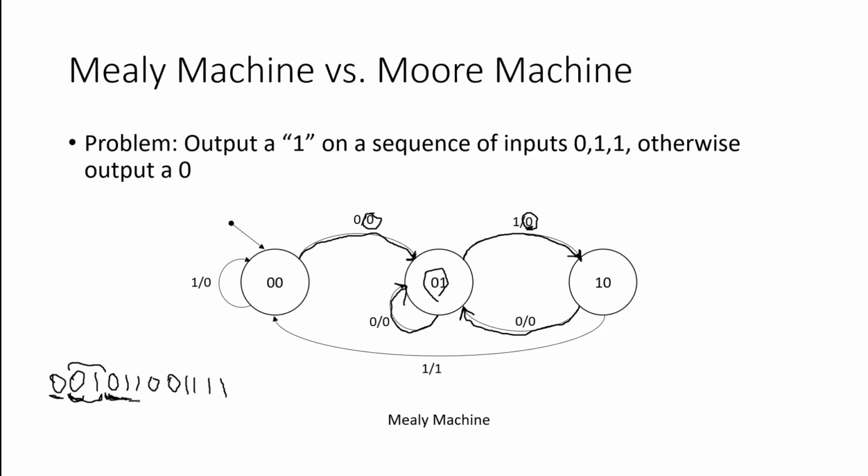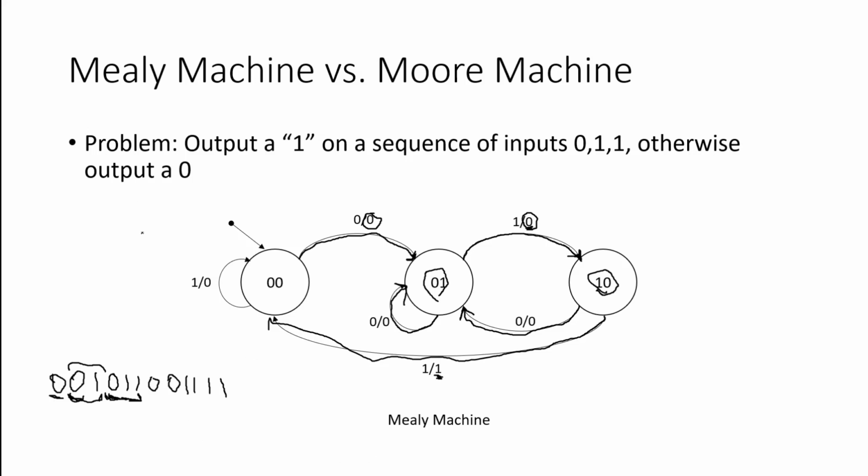And then when I receive this third 1 here, and I'm in state 1, 0, notice that the input here of 1 gives me the output of 1, and it allows me to transition back to state 0, 0.